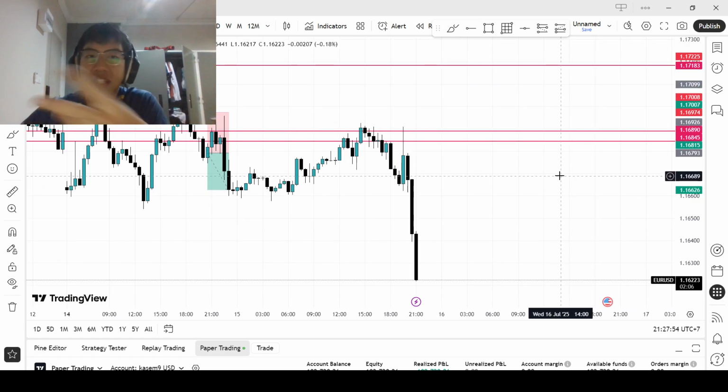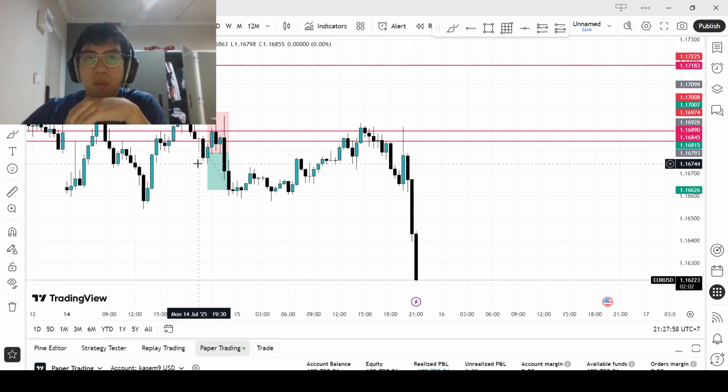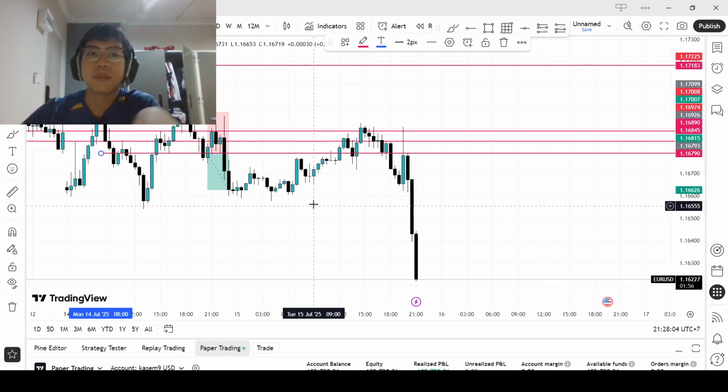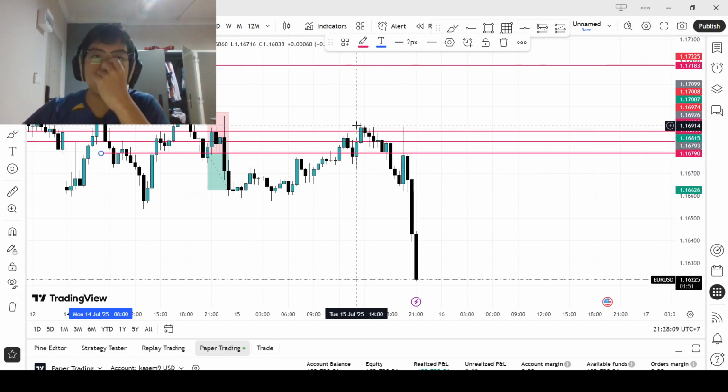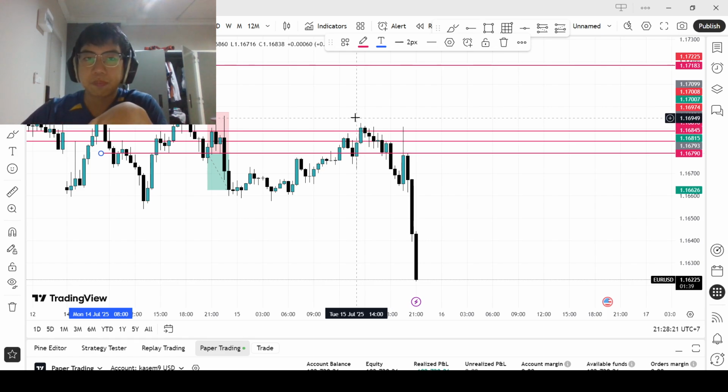On the 30-minute, this is where I started to draw up my position, because on the 30-minute, we see right here a break of structure to the downside. And that's one of the signs that started to give me confirmation that the market might be reversing to the downside.